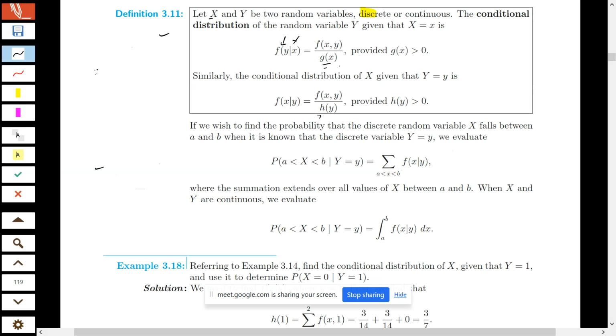Although this chapter doesn't say anything about it, we can also use this formula to express the CDF. What will be the CDF here? Can anyone guess? It will be capital F of x comma y of x, y.